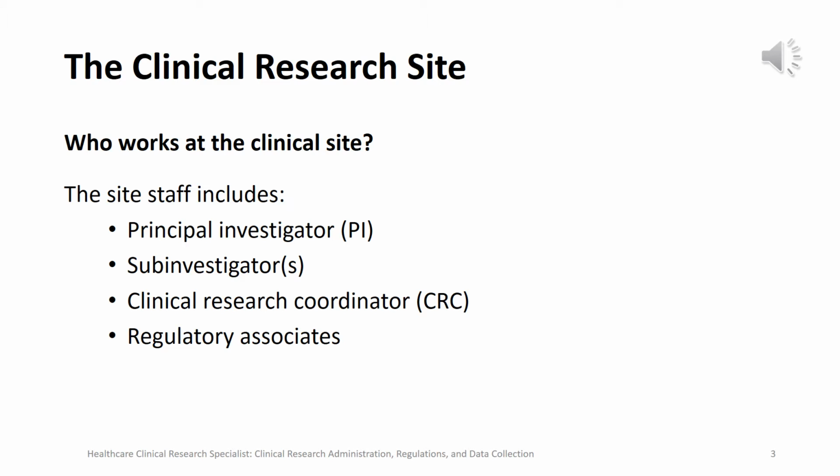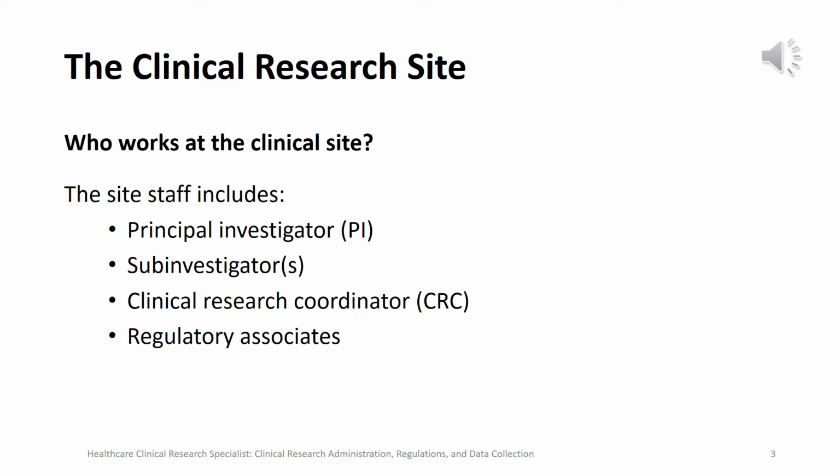There are also going to be sub-investigators. The sub-investigators are going to assist the principal investigator in performing some of the procedures and assessments that are going to occur during the trial at that site. Then you're going to have clinical research coordinators. These are going to be individuals that actually conduct the day-to-day tasks that are associated with the trial.